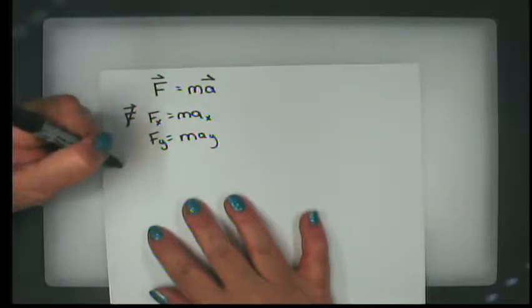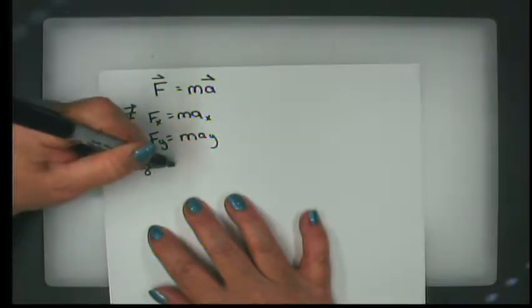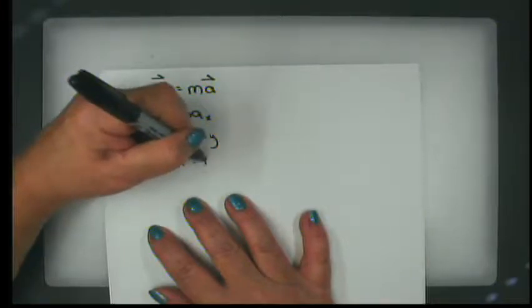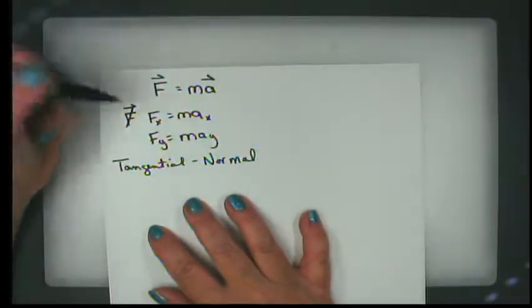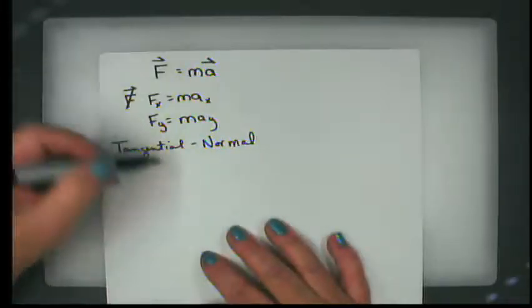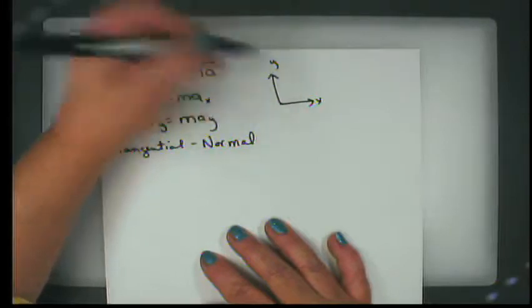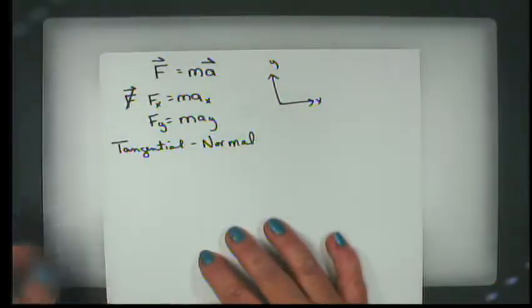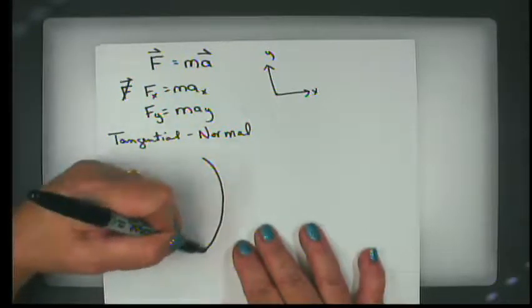Now we can also break that up in terms of tangential and normal components, which we discussed briefly in one of our first lectures. But in tangential normal components, instead of looking at our grid as being fixed, x and y, or horizontal and vertical, generally speaking, we're talking about something going around some sort of a curve.